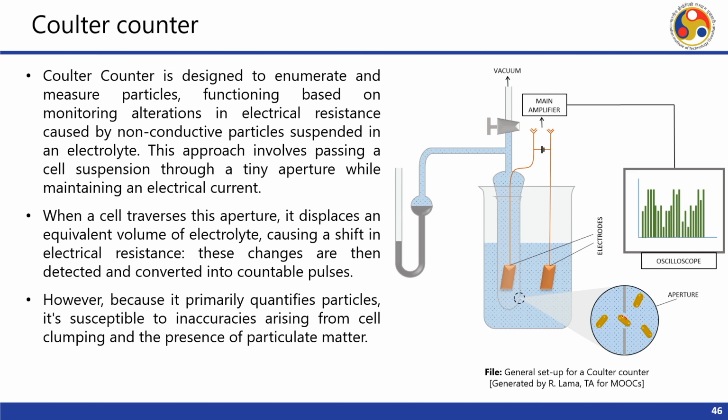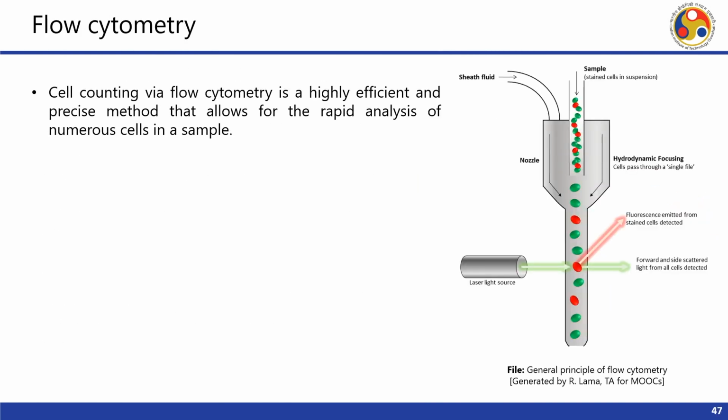So, if this is not a bacteria, but any other particle, that also will result in these electrical impulses. So, this method, or actually no method is 100% perfect, but we get some estimate of the particles by various measuring methods. So, another method is the flow cytometry.